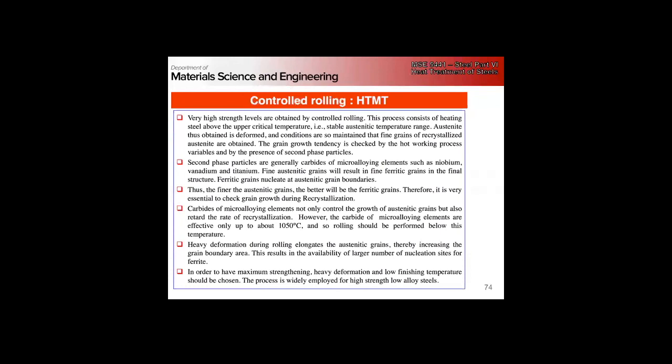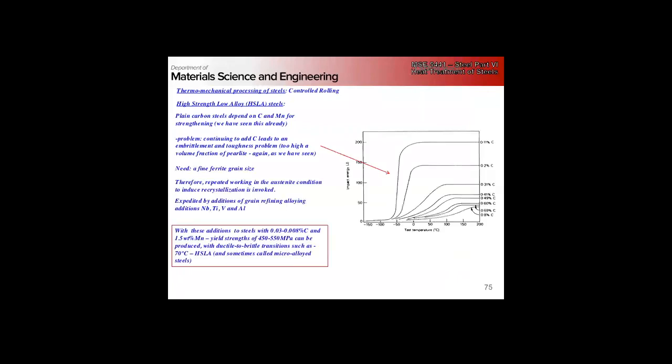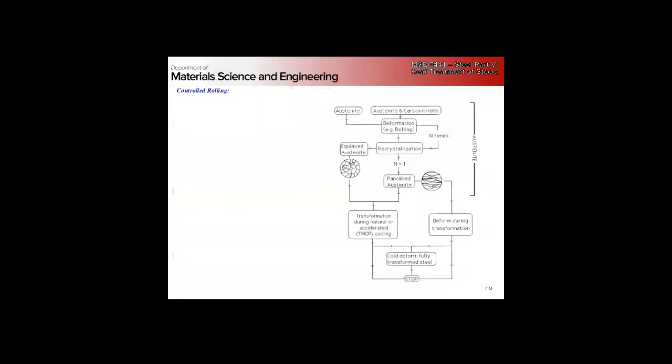Texture, but more importantly, what's the grain shape going to be? Pancakes. We've got a pancake grain structure, right? If we put enough of these in to prevent recrystallization, we have pancake austenite.